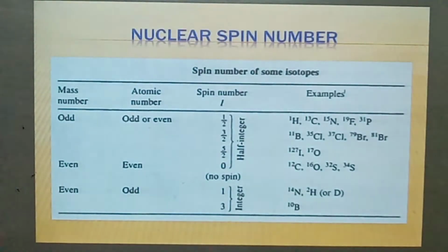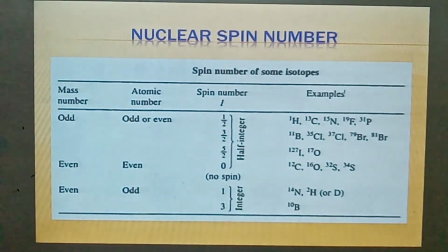Here, the basic requirement for a nucleus to be active in NMR spectroscopy is that the atom or isotope should contain a spin integral number I value of more than 0.